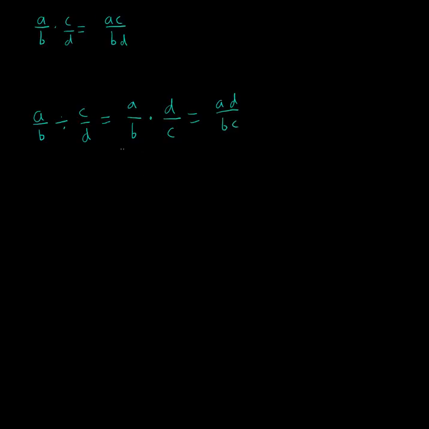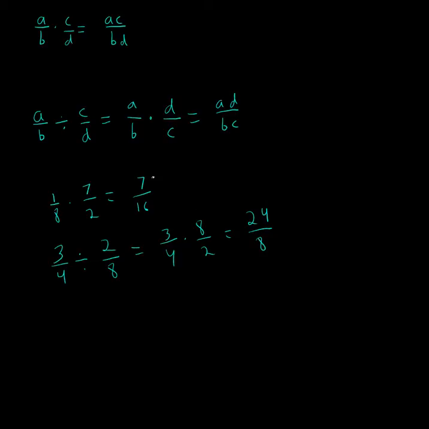Okay, so some examples of this. Let's say 1/8 times 7 halves. For this, we would get 7/16. Let's see if we were to do 3/4 divided by 2/8. What we would get is 3/4 times 8 halves, and that would give us 24/8.